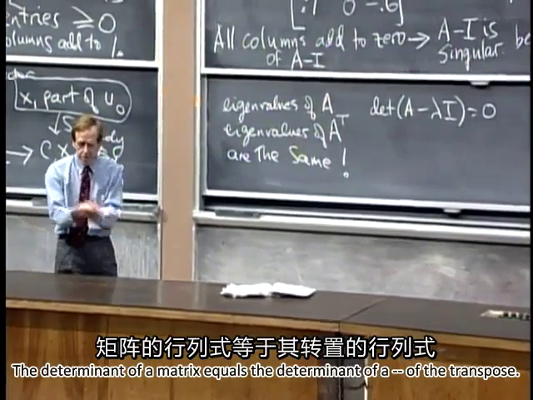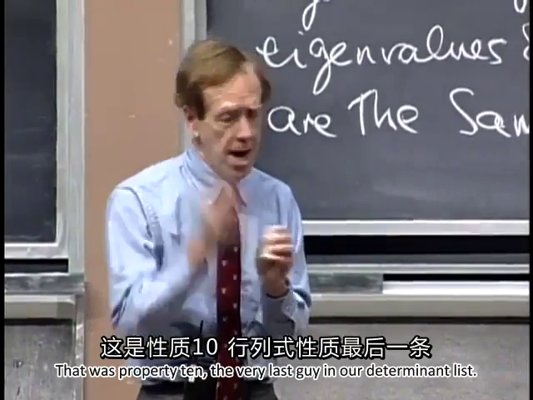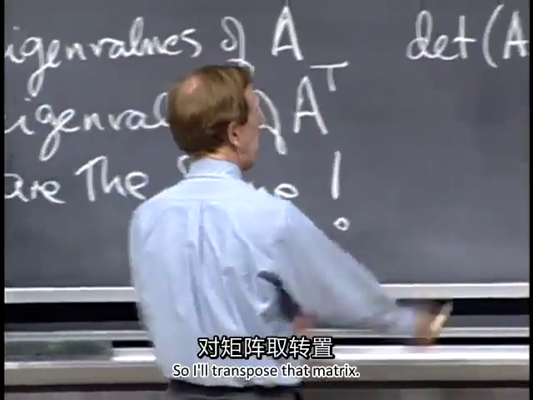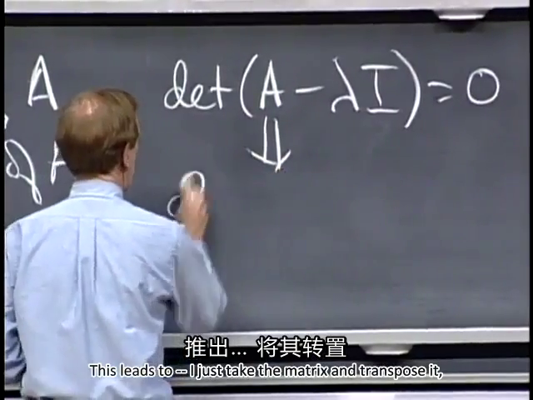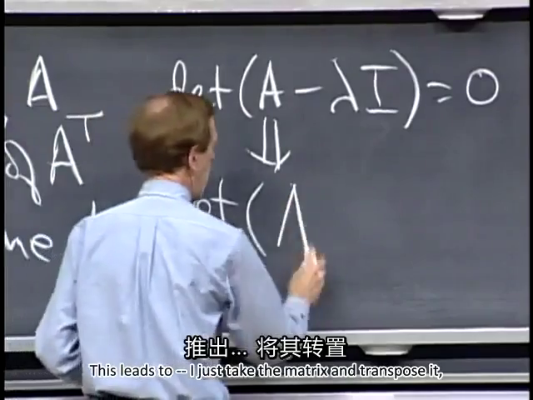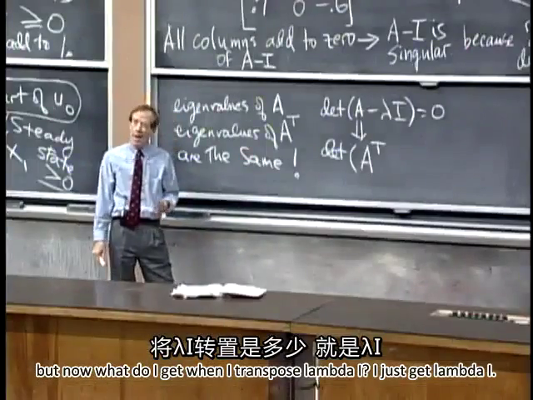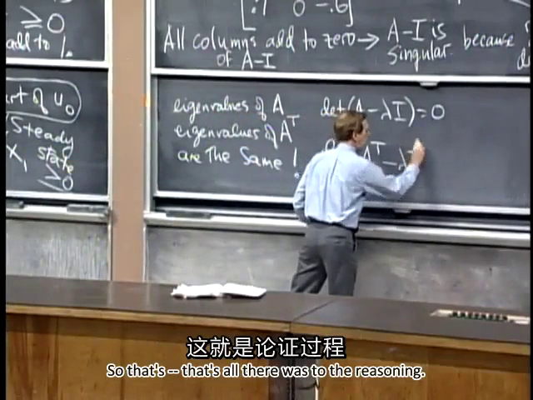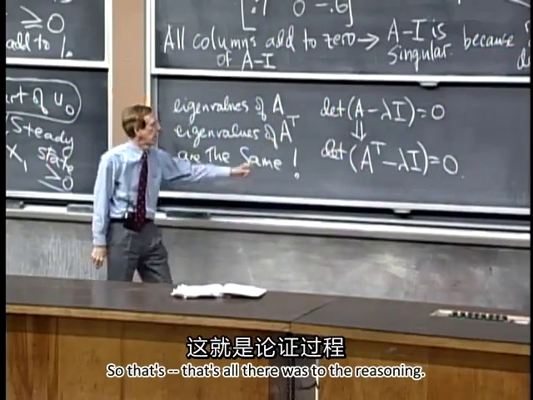That was property 10, the very last guy in our determinant list. So I'll transpose that matrix. I just take the matrix and transpose it. But now what do I get when I transpose lambda I? I just get lambda I.